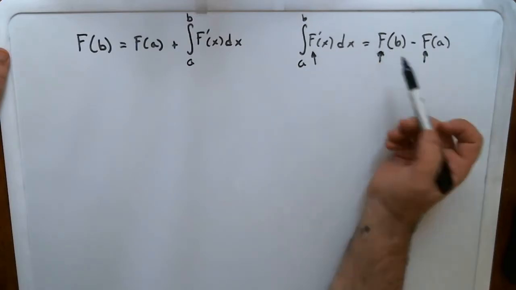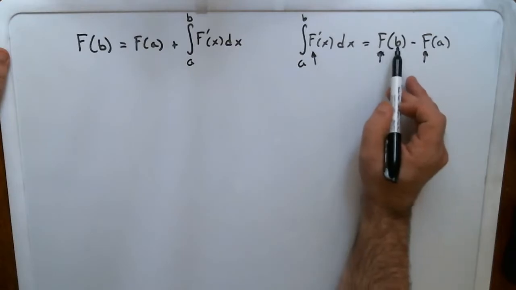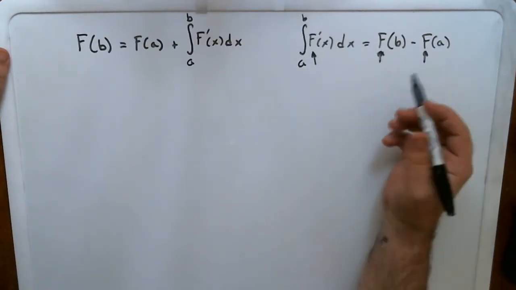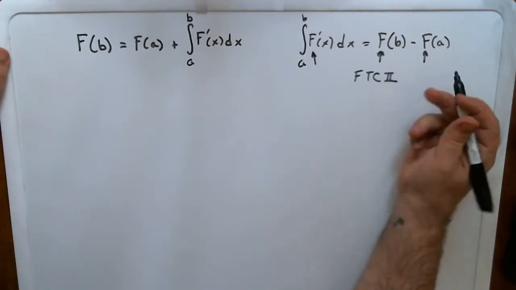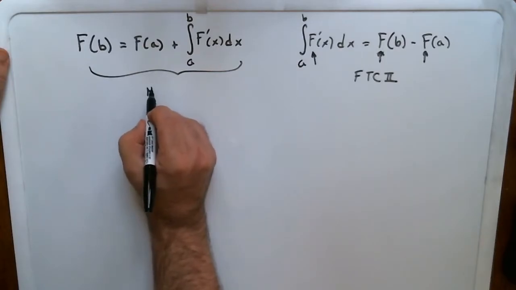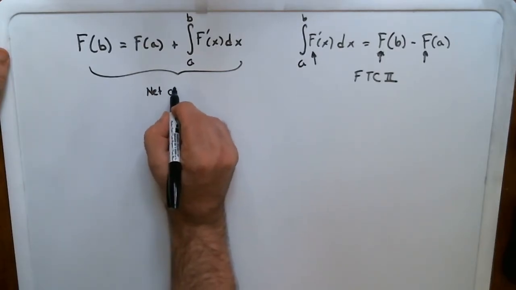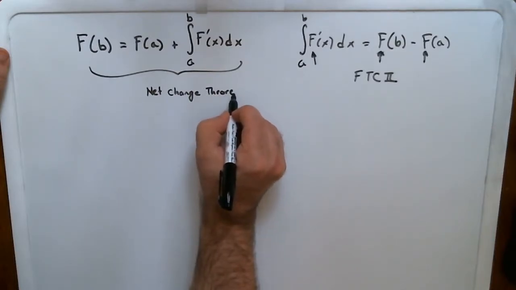Now, big F is clearly the antiderivative of f prime, that's by definition. And so then I've got my upper bound and my lower bound, so hooray. So this is, remember, the fundamental theorem of calculus part 2. Okay, and this is the so-called net change theorem, which is essentially, in my opinion, the exact same thing.